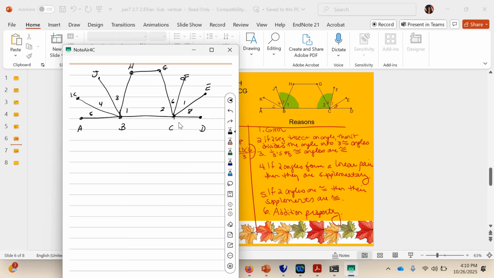And in terms of her numbers, what I'm trying to show is that the measure of angle 3 plus the measure of angle 1 is the same thing as the measure of angle 6 plus the measure of angle 2. That's what I'm trying to show. All right, so two-column proof.